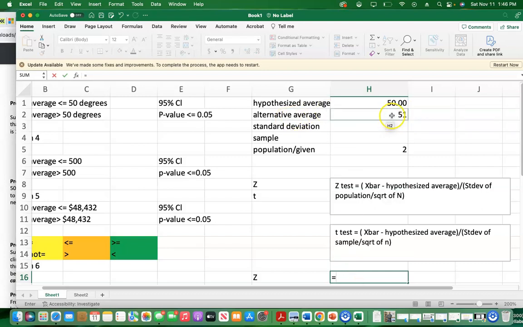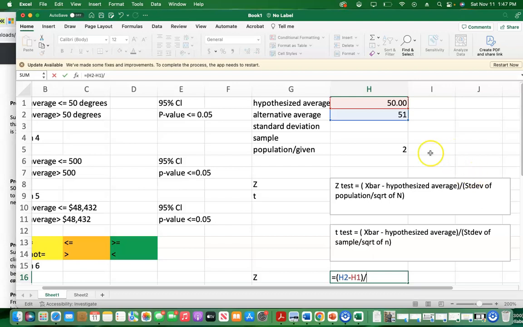And so I'm going to click on the 51 because already I have the equal sign. And so I'll click on the alternative hypothesis minus the hypothesized average, and then divided by the standard deviation of a population divided by the square root of n.